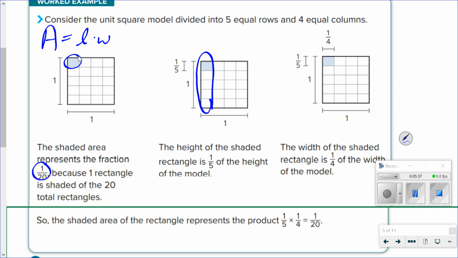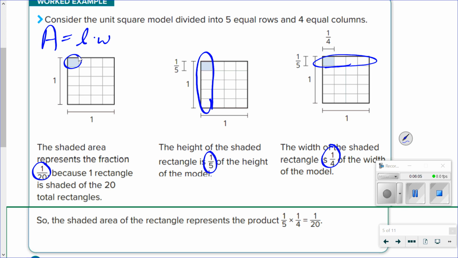Does everybody see that? Everybody tracking so far? So now I look at the other way, because I did length times width. So then my width is now being represented as 1/4. Everybody understanding how we're breaking this model down so far? Anybody not see it?